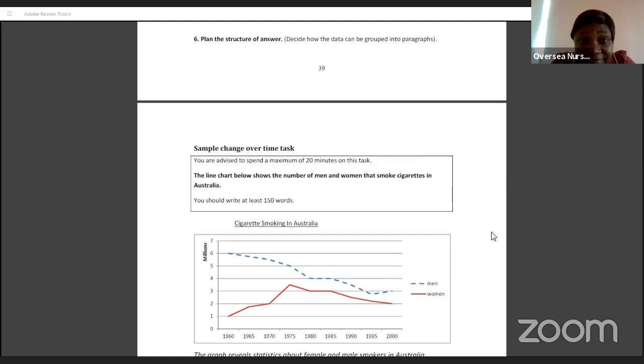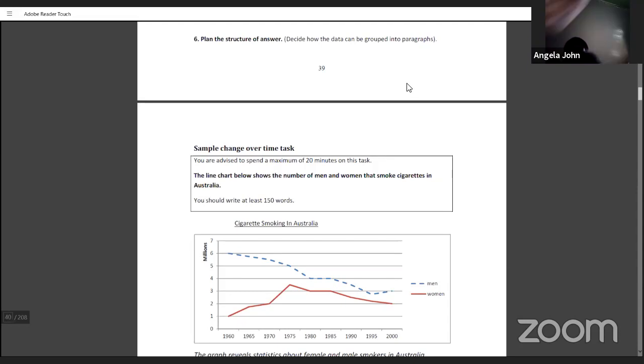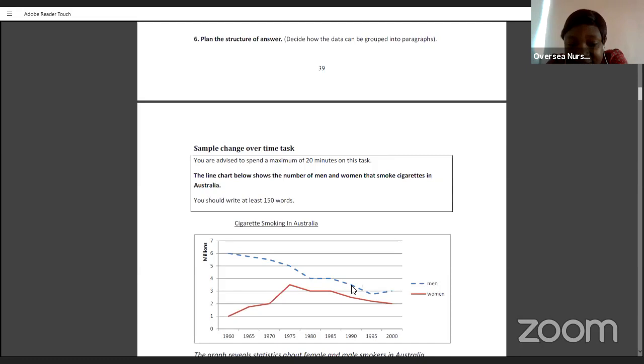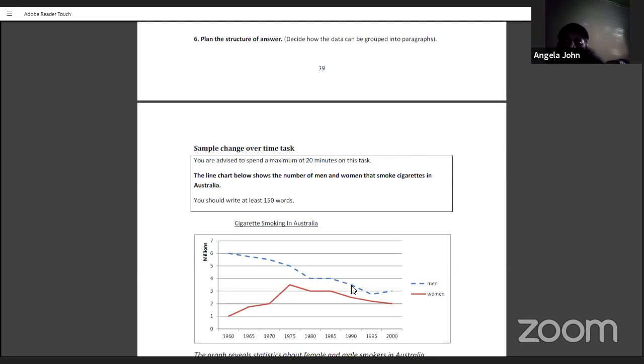Do we understand? Yes, ma'am. Please, do you understand? Yes, ma'am. Lovett, do you understand what we are doing here? Angela, are you following this class? Yes. Then in comparison, both of them in a particular year experienced the same, they were both steady in 1980 to 1985.